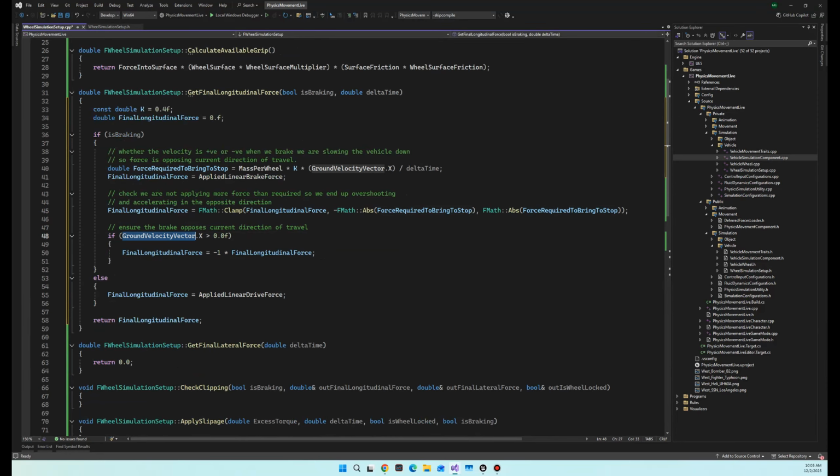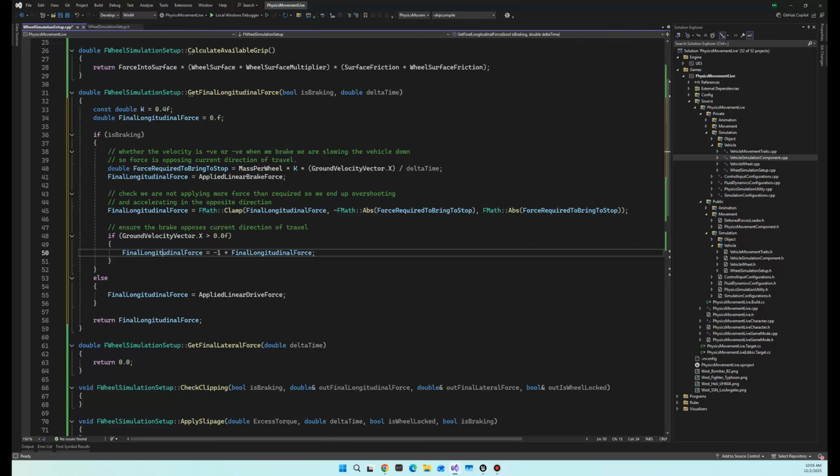Then we ensure the brake opposes the current direction of travel. We've got the current direction of travel, which is our ground velocity on the x, and as long as we are greater than 0, because if we're 0, technically we're already stopped, and we don't need to do this.